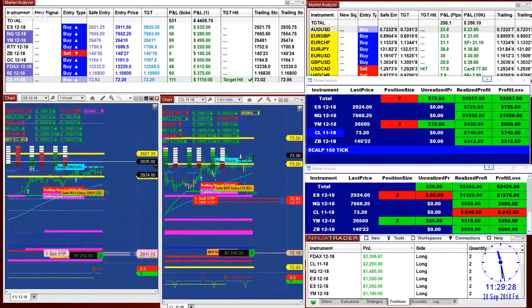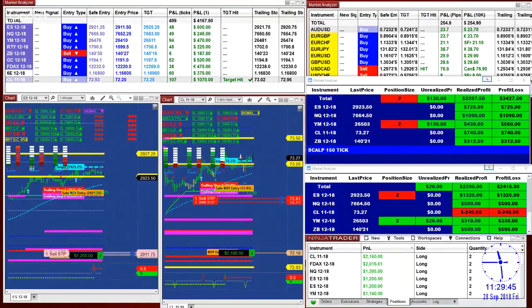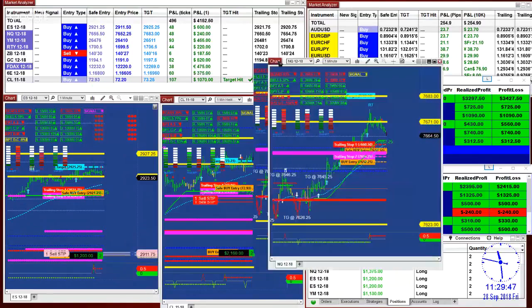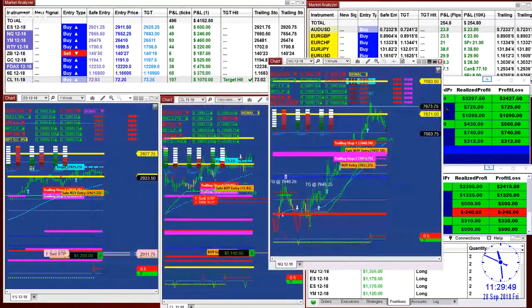And then maybe there is a little more potential on the CL, but I don't see anything on the NASDAQ. Wait a minute. We are coming to this area on the NASDAQ.